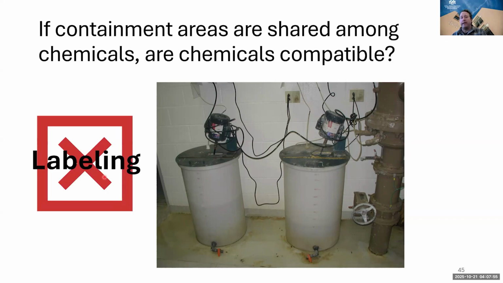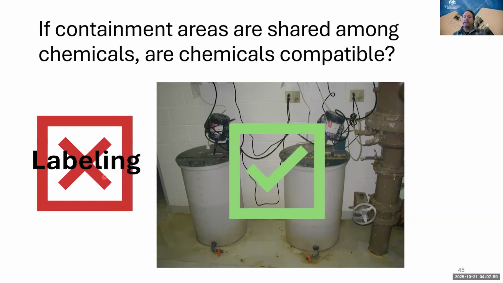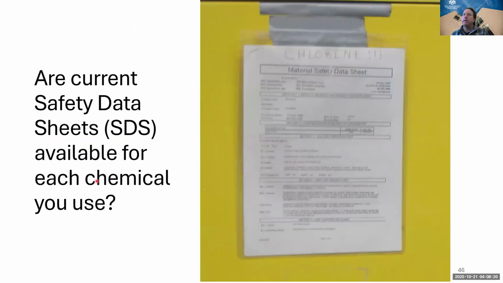They failed at labeling. But when we asked the operator what was in these containers, we found out that one was an alum, which is a coagulant used in the surface water treatment process, and the other was the polymer. So these chemicals can share a containment area, but they failed on labeling.